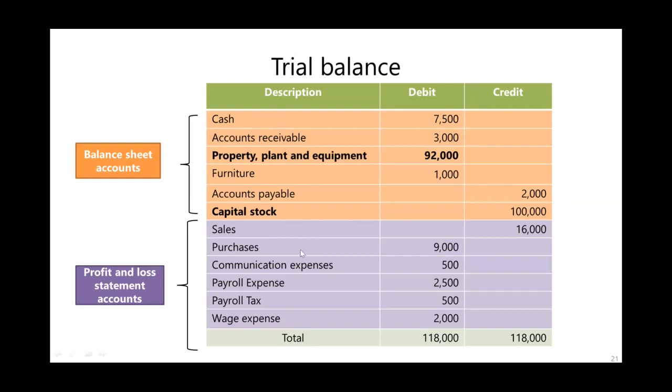So when you use computer accounting software, when you record the journal entries, the general ledger is automatically made, and also the trial balance is automatically made.